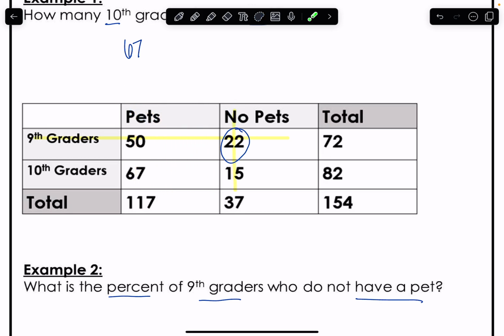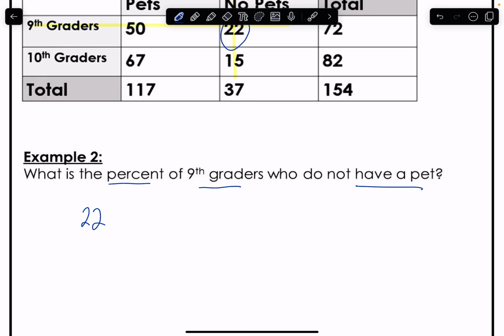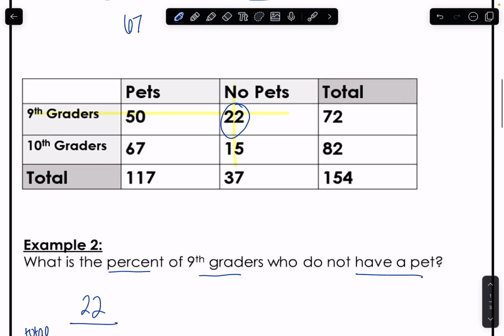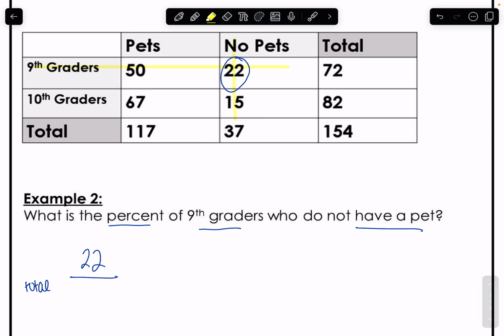Okay, so we can see that 9th graders who do not have a pet is 22. So that's step 1, answering the question the same way that we did before. But that is not my answer. It's asking what percent. So this is going to be over my total. So the question is, total of what though? Total who don't have pets? Total 9th graders?